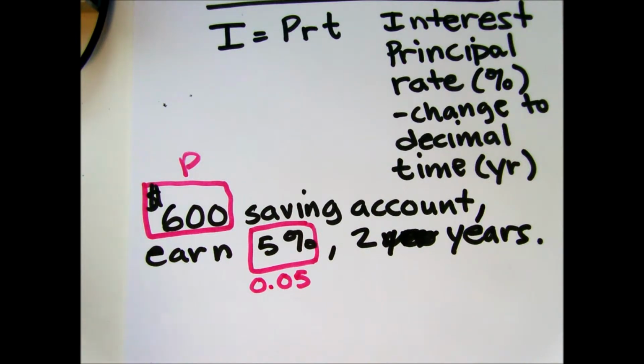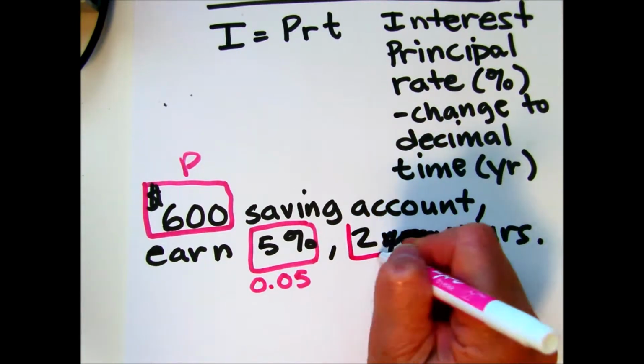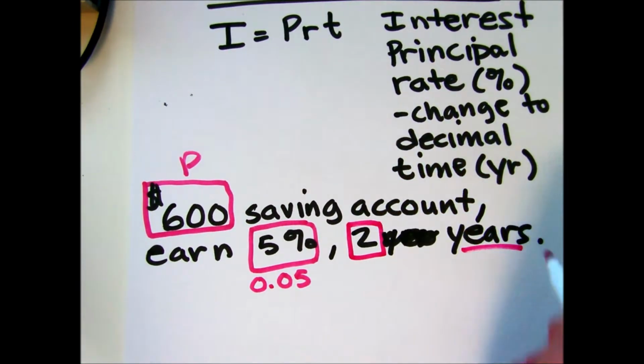The last piece of information that we need is the time. How many years are we going to keep our money in the bank? Well, we're going to keep our money in the bank for 2 years. Now that we have all of our information, we're going to plug that into our formula.